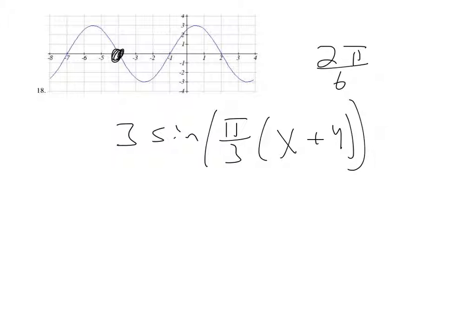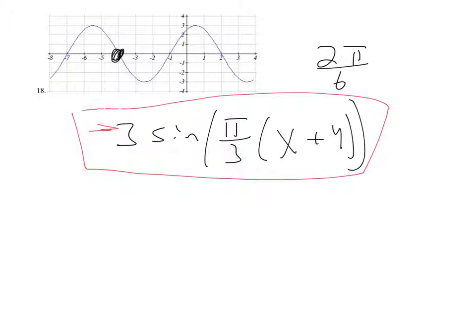But then because instead of starting at that point there and going up, it's starting at that point and going down, I'm going to put a negative in front of the amplitude, and that would be a reflected sine graph. Now, if you graph this versus another sine graph you got off this equation, you'd see they'd be exactly the same. So there's many answers. You just kind of got to decide where you're going to start.